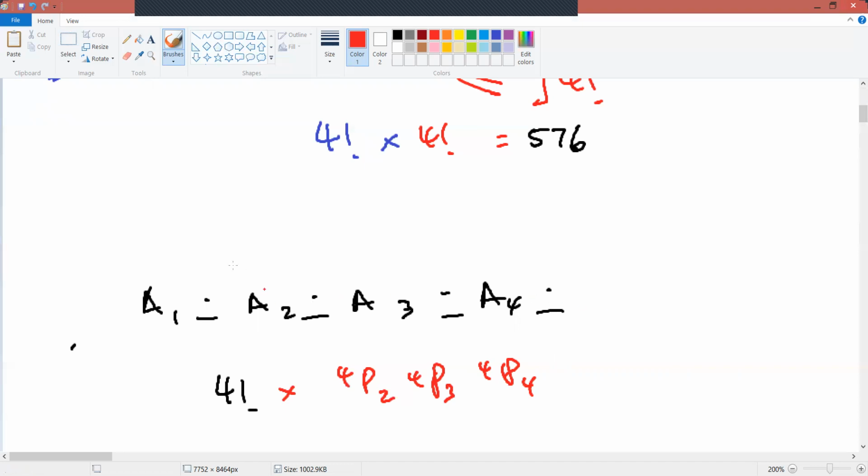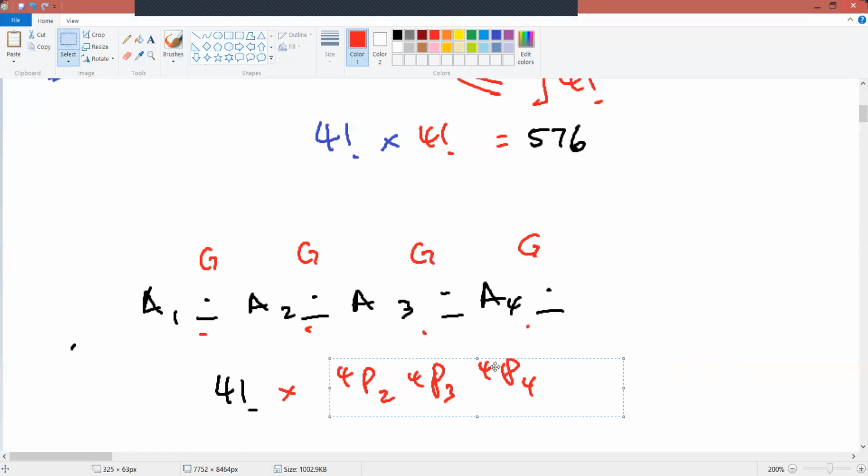Why? Because they have G1, G2, G3, G4, and you have to choose G out of 4 empty spaces here. So definitely you have to use 4P4. Why would you use 4P3 or 4P2? That doesn't make sense at all.